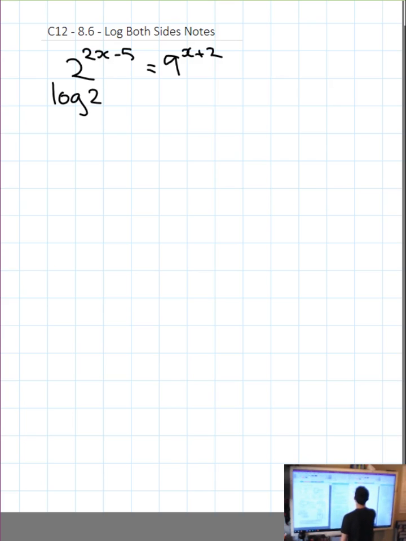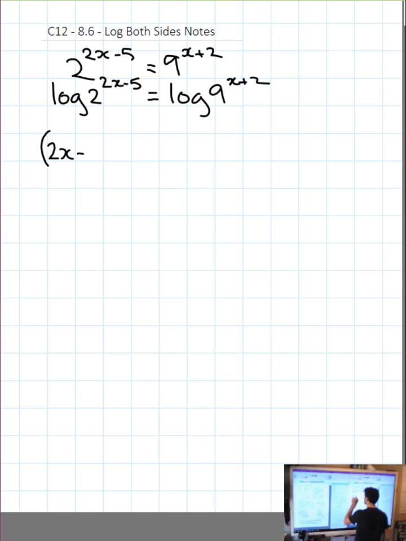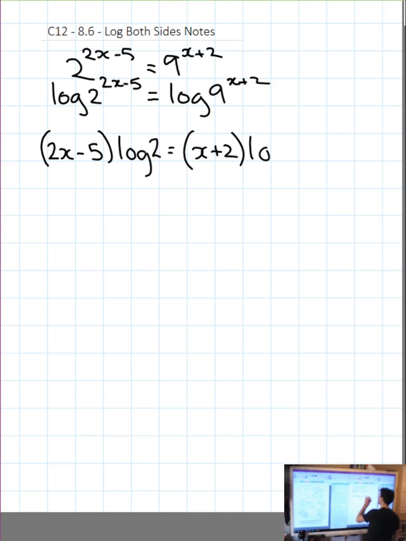Log of 2 to the 2x minus 5 equals log of 9 to the x plus 2. Now I can bring my exponents down in front, and I'm going to do that with brackets. (2x minus 5) log 2 equals (x plus 2) log 9.